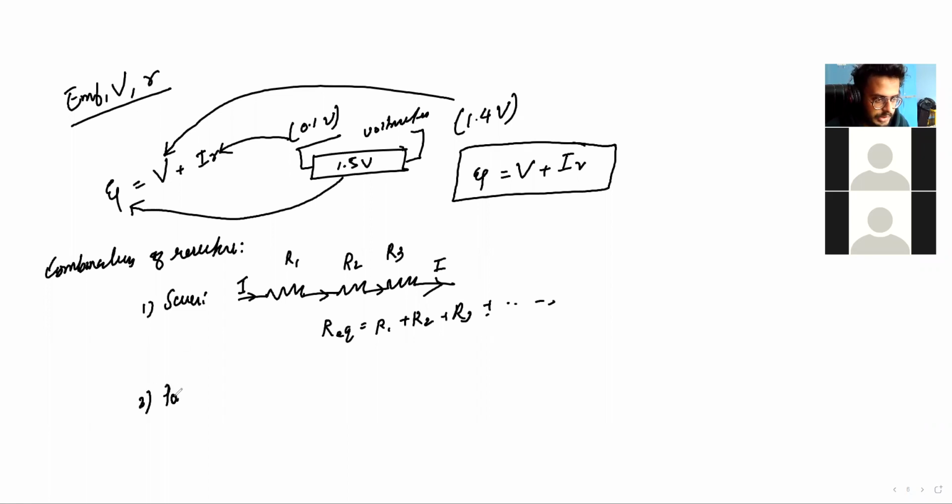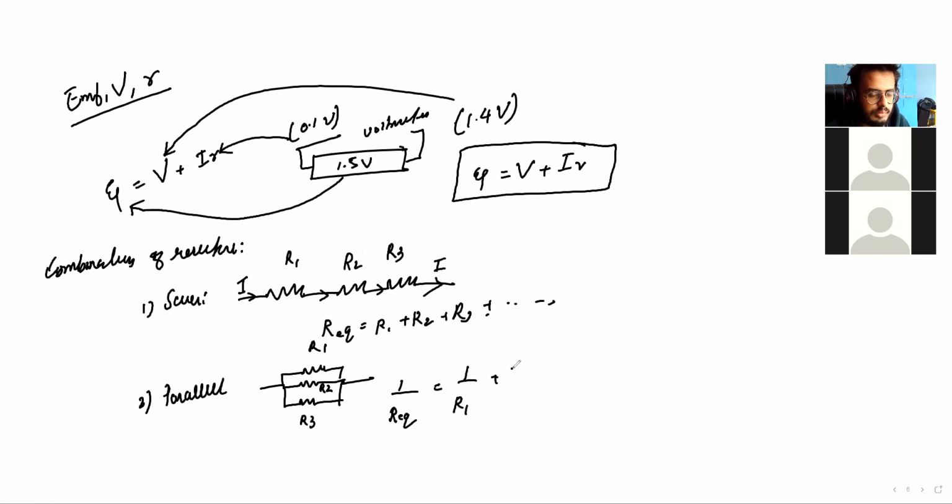Then two is parallel, where you have resistors like this. This is R1, this is R2, this is R3. So the total equivalent resistance is 1 by R equivalent equal to 1 by R1 plus 1 by R2 plus 1 by R3 plus so on.